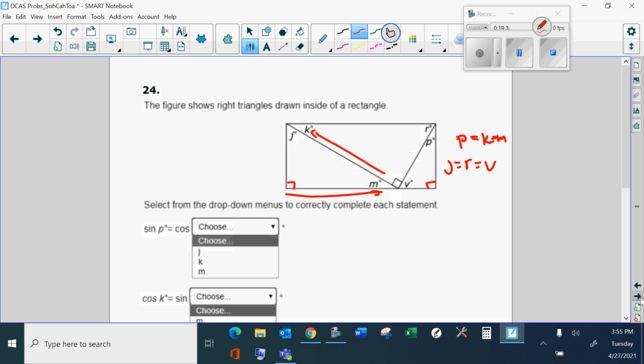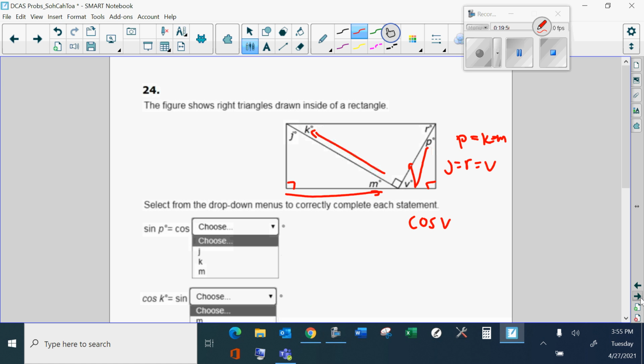So the sine of P, that over that would equal the cosine of V. Remember, the cosine of V is the same thing in that one.